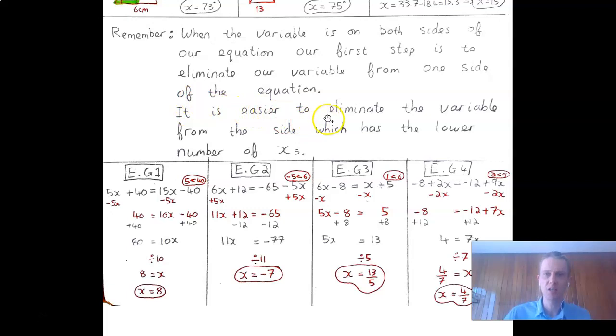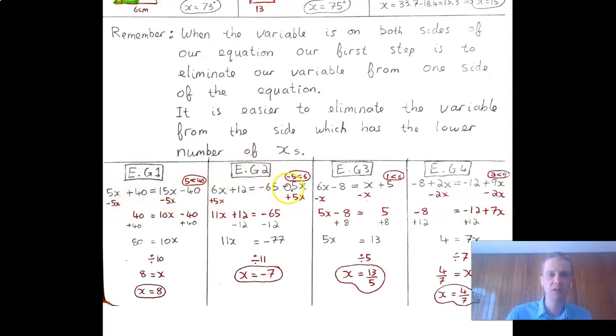It is easier to eliminate the variable from the side which has the lower number of x's. So when I look at example 1 here, the lower number of x's is our 5x. 5x is lower, there are fewer x's on this side than our 15x here.